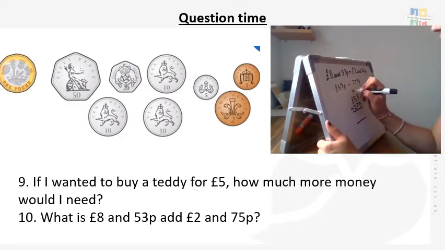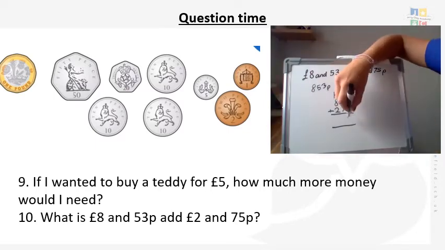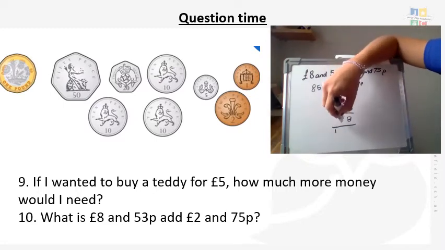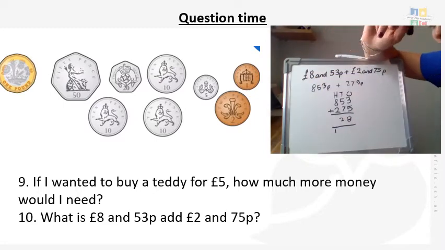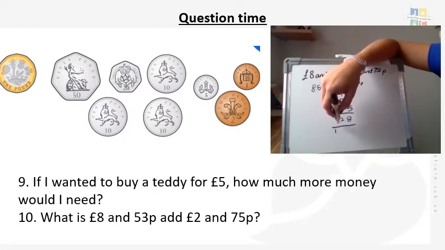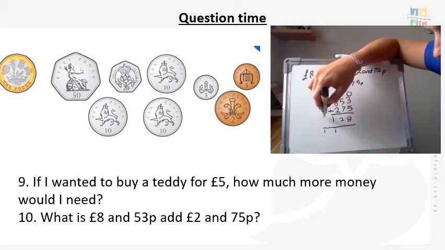and I put them in my column method, 5 add 3 is 8, 7 add 5 is 12, so I'm going to have to exchange my 10 tens for 100, and 8 add 2 is 10, add your 1 is 11, so again I'm going to have to exchange into my thousands column.